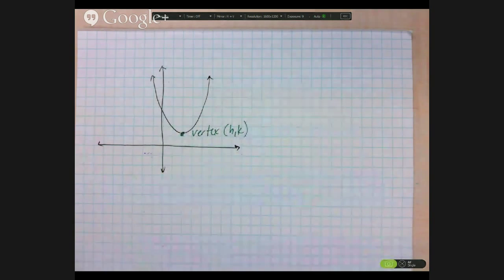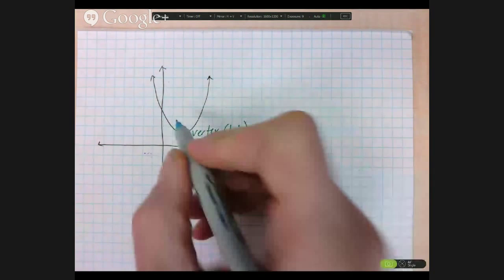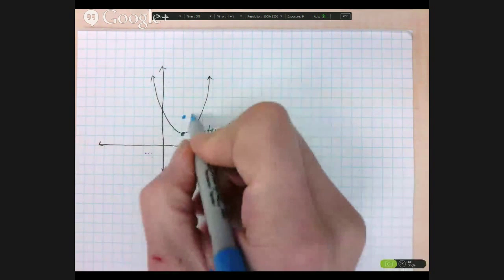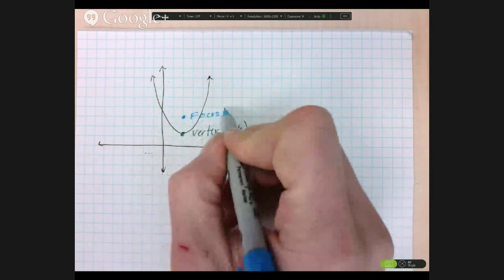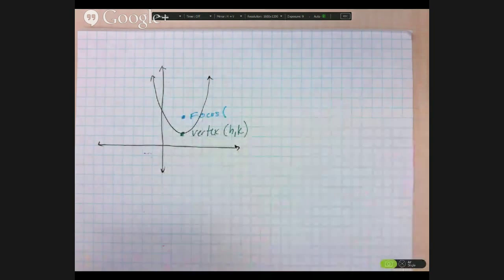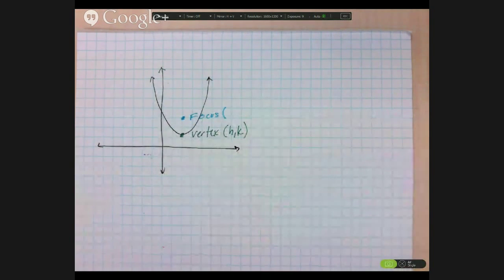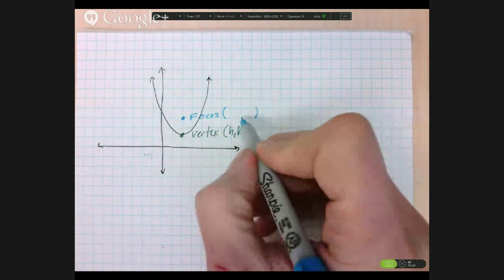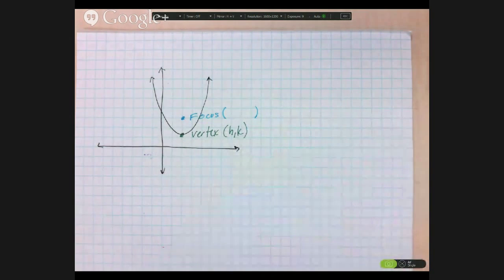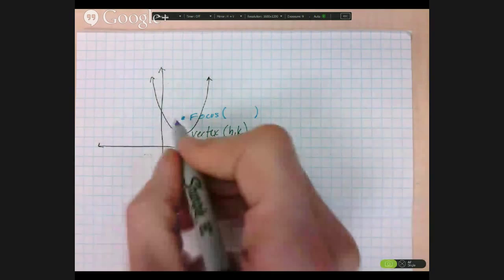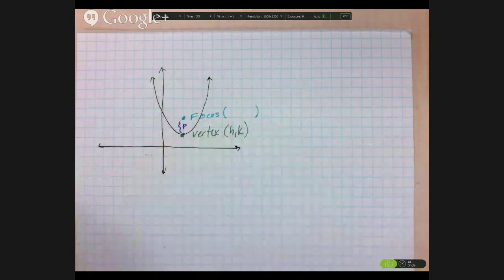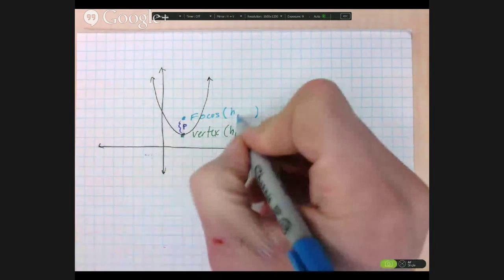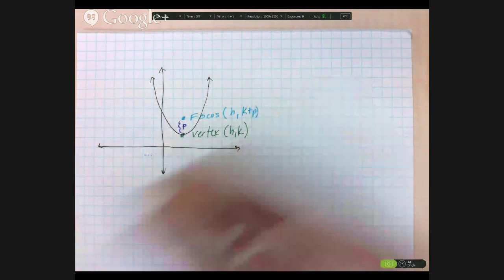Vertex is always (h, k). So what's different about the focus? Yeah, by how much? Okay, plus p, yep.